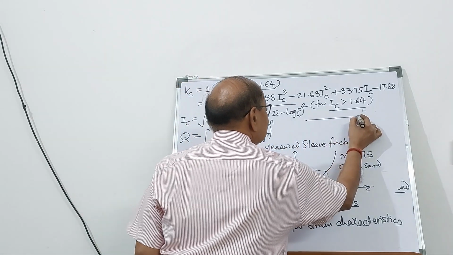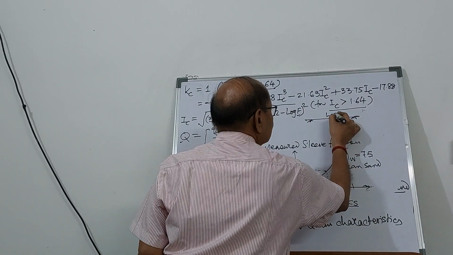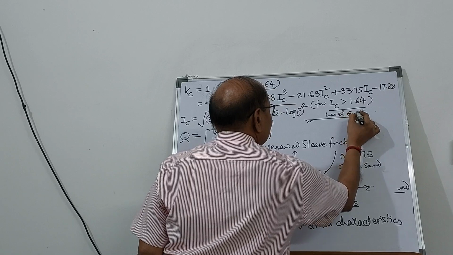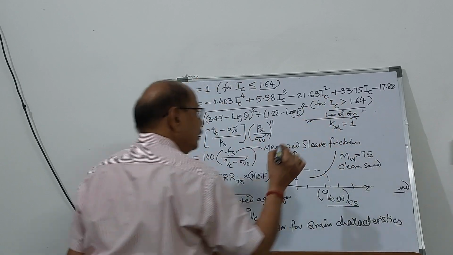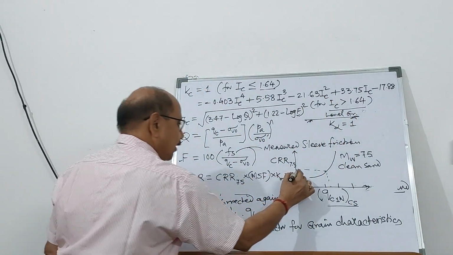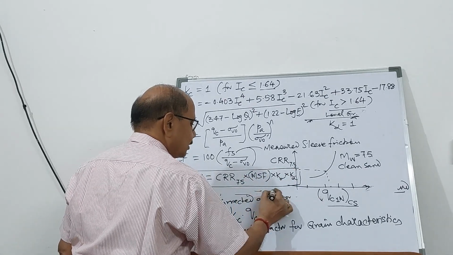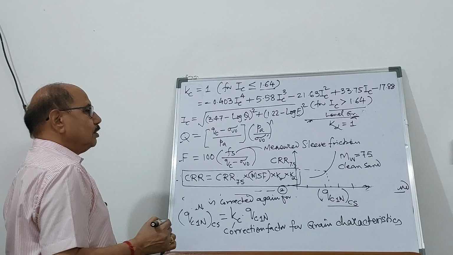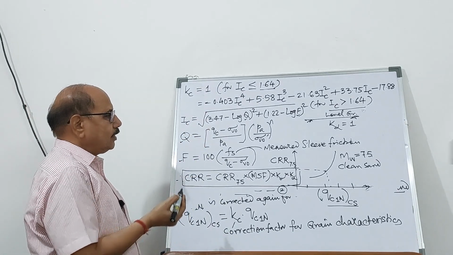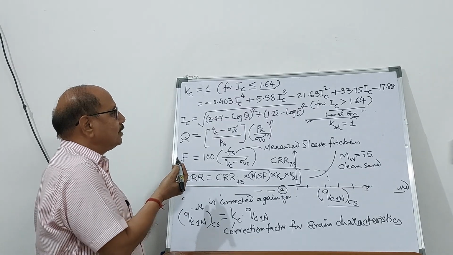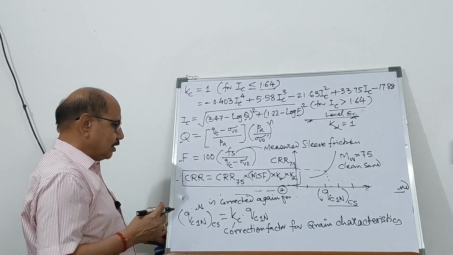If the ground is horizontal, level ground, then K alpha is going to be unity. So this expression will give you the value of CRR. So this is the final expression. So this is the easier or simplified way of calculating the cyclic resistance ratio.